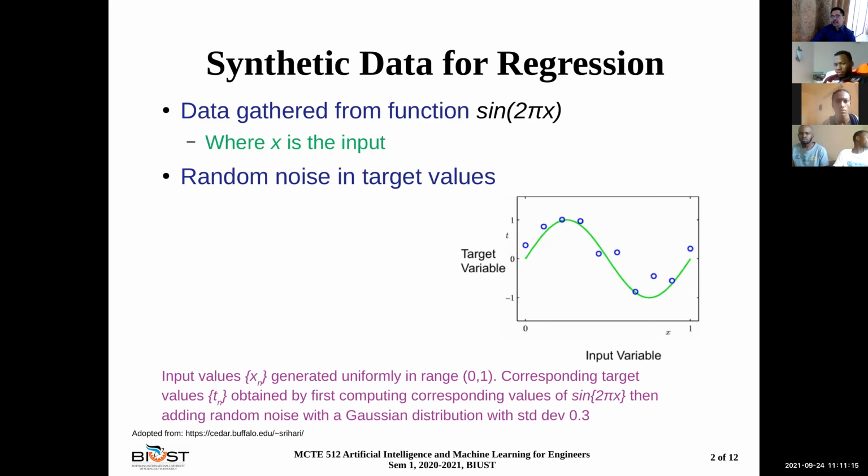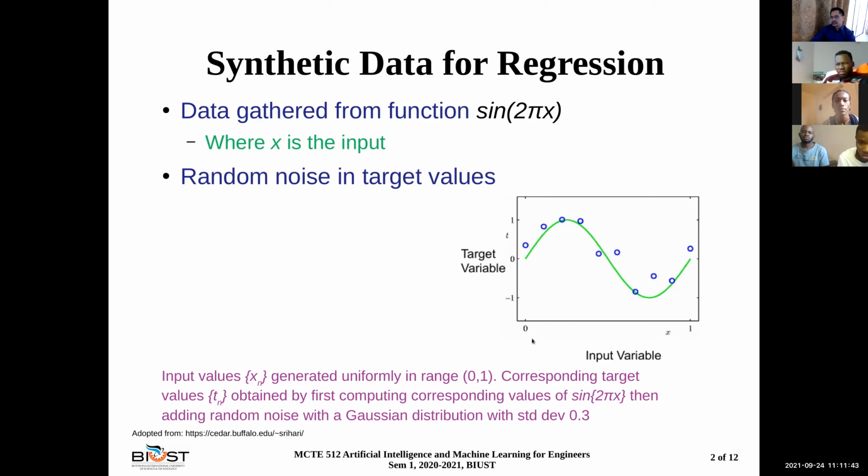So in this case, for example, we have a sinusoidal function where the input is x and the output is sine of 2 pi x.